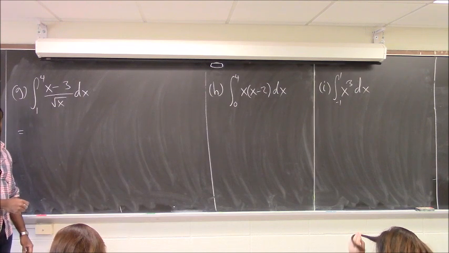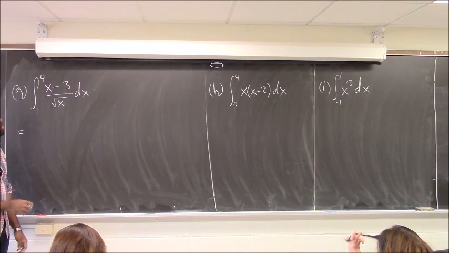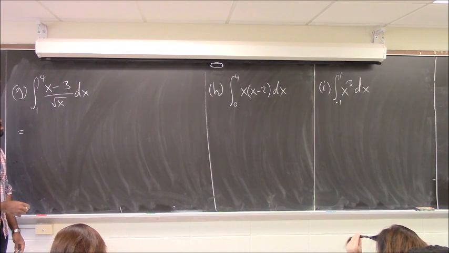Could you make the root x in the denominator equal to x to the negative 1/2 and then distribute that into the x minus 3 on top? Yeah.